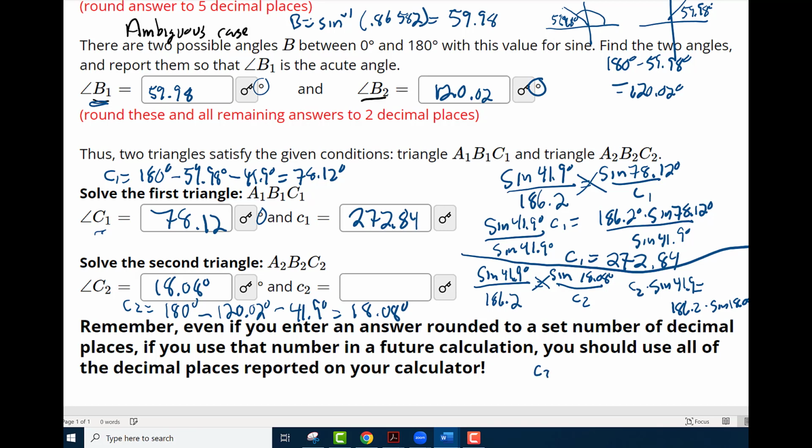So my C2 would be 186.2 times sine of 18.08 degrees, all divided by sine 41.9. So it's really the same calculation as the one above, but just that sine angle changes.